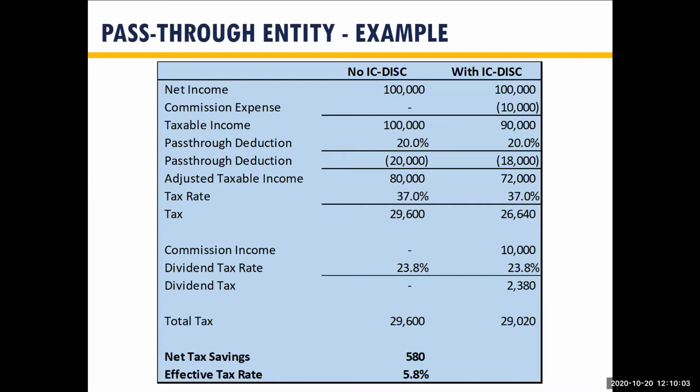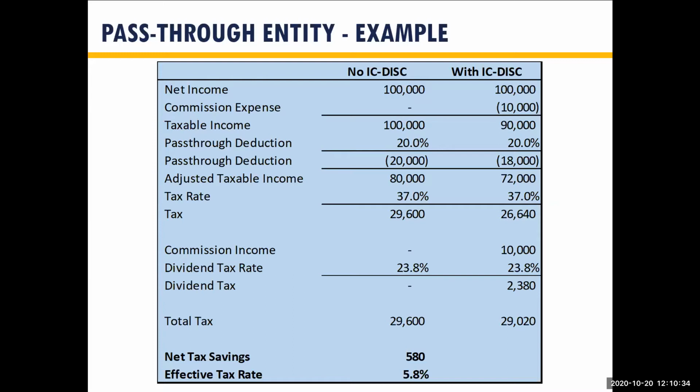Tax at 37%, our tax is $26,640. But now we have to pick that commission income up as qualified dividend income at the individual level. We pick that up as dividend income, assume a 20% capital gain tax rate plus 3.8% net investment income tax, and we'll pay $2,380 tax on that $10,000 of dividend income.